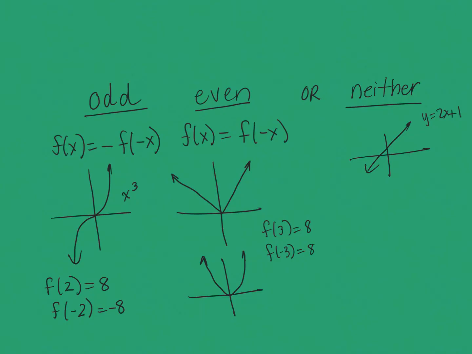The way I can test that: if I put 2 in, I get 5 out. If I put negative 2 in, I get negative 3 out. So it's neither. They didn't come out the same and they didn't come out as opposites. It has to work for everything, so you can easily test it by plugging a couple of points in to see if it's even or odd.